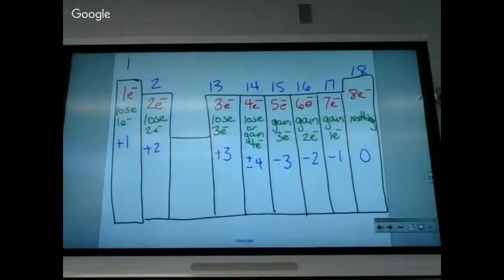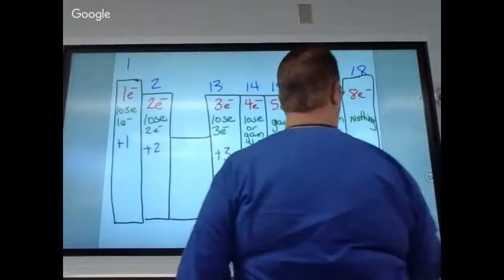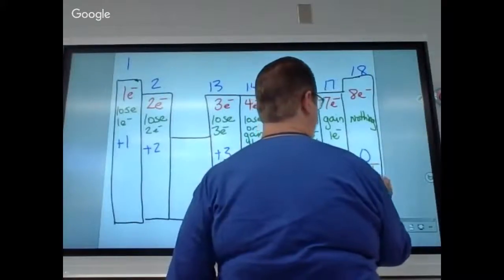Now, from that, we need to figure out who is the most and least reactive on those groups. Noble gases. The noble gases are what? Not reactive. All right, they're the least reactive. The noble gases are not reactive.